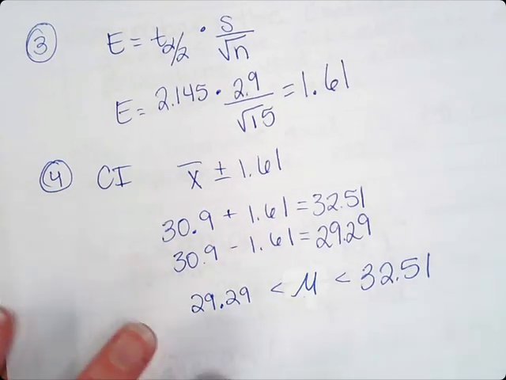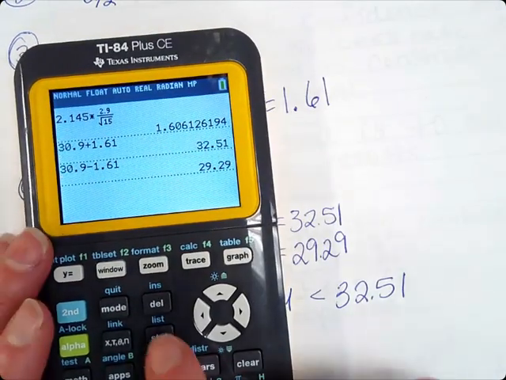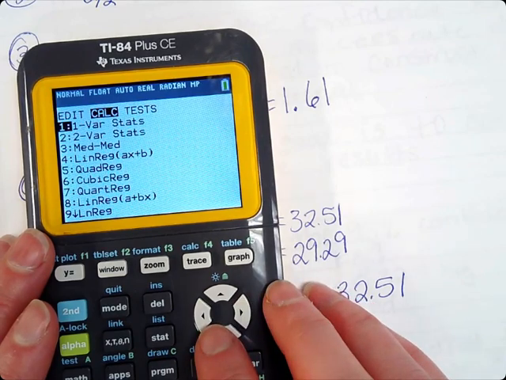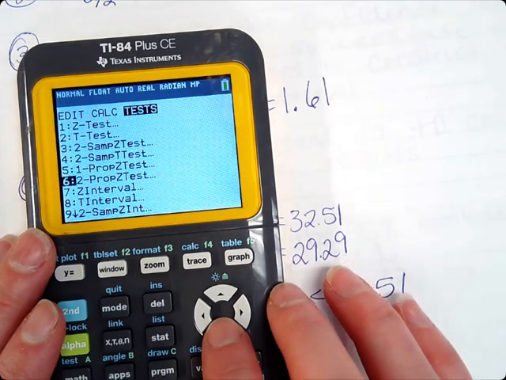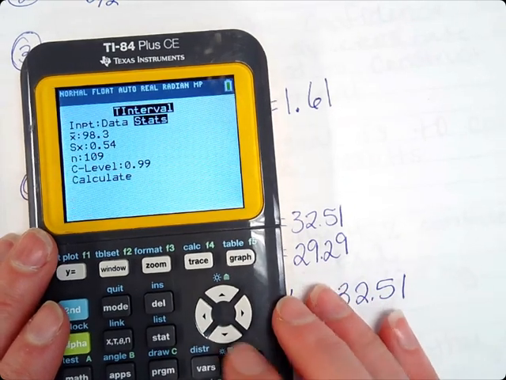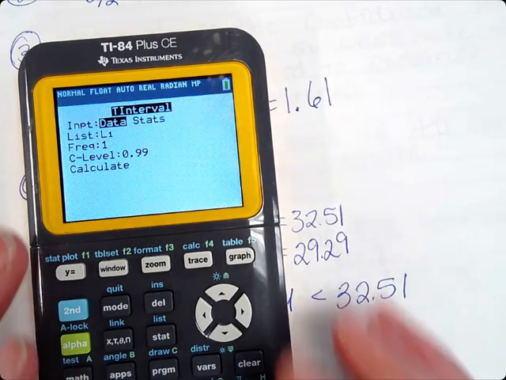I do want to show you all how to do it in the calculator now. We already have our data in there. So let's go to Stat, Calculate, Test, and go to t-interval. And let's use our data that we're given, because we've put that in L1, L2.